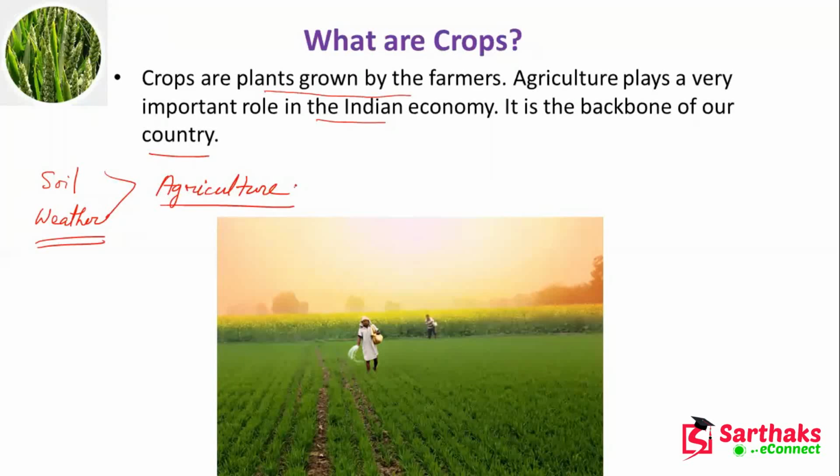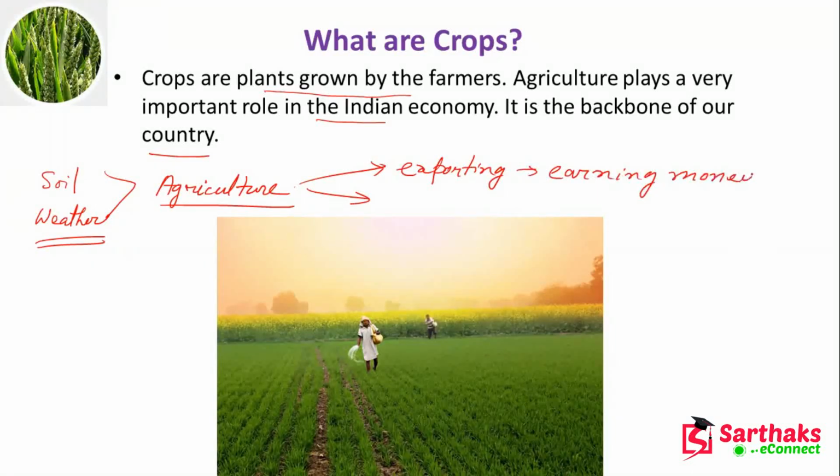And due to agriculture, by importing and exporting, generally by exporting of several cultivated crops, we are earning money. And with the help of that money, we are able to improve or do a lot of things for our country, right?